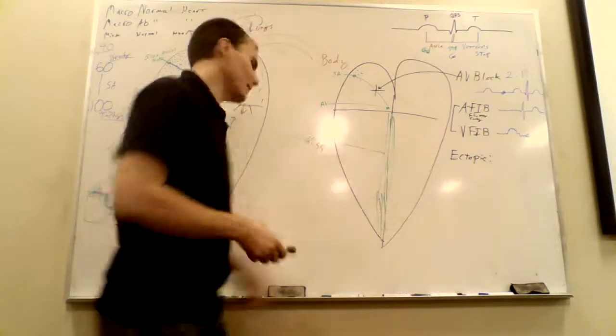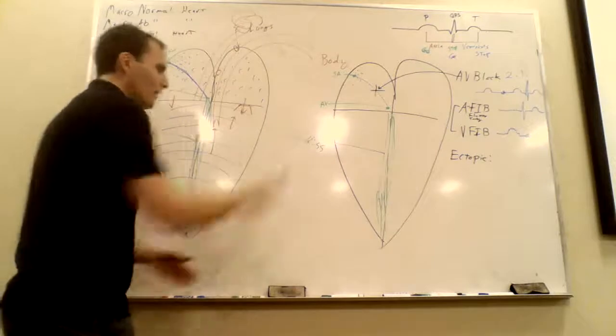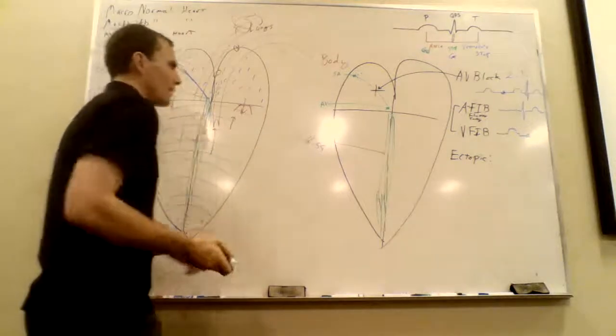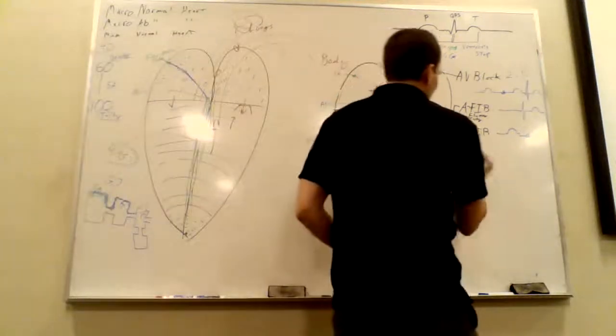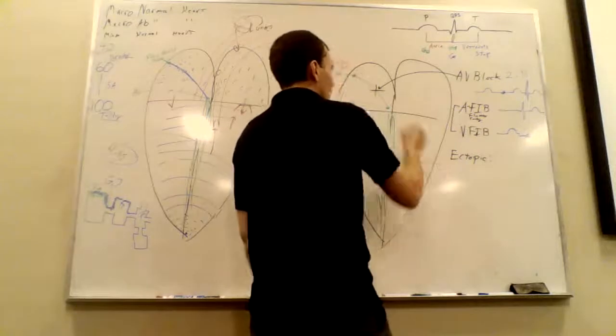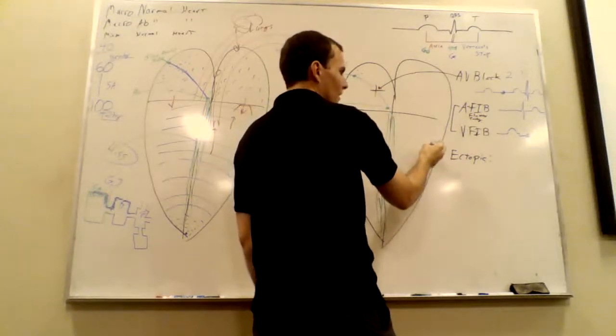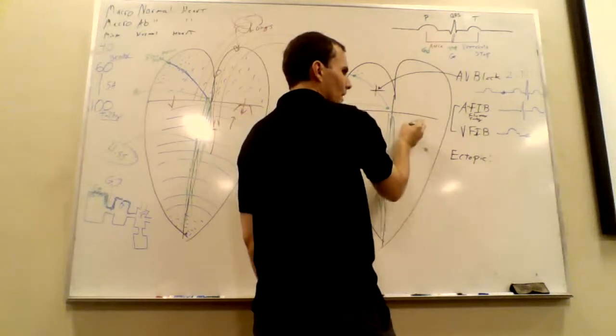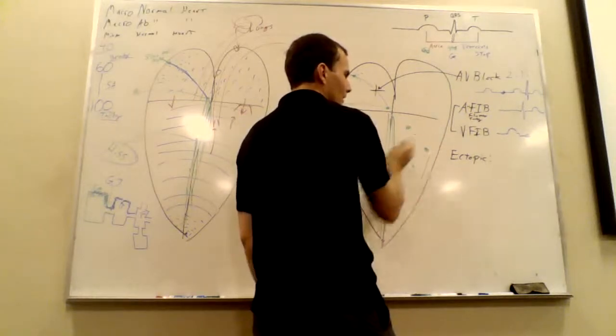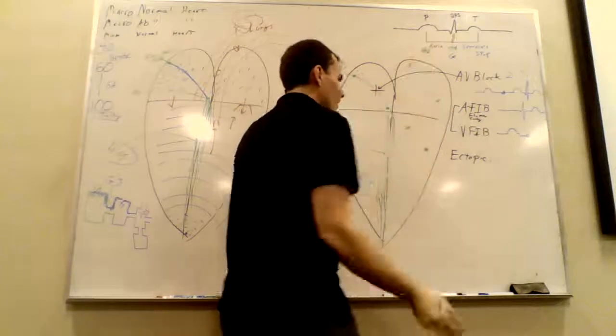This is the same idea, except you don't have pregnancy in your heart. You're not that bad. But instead of your sinoatrial node or your AV node, you have this guy right here. Or right here, or right here, or right here.